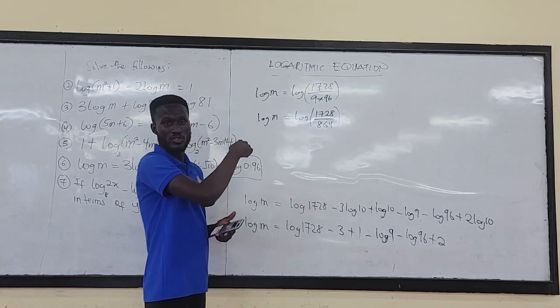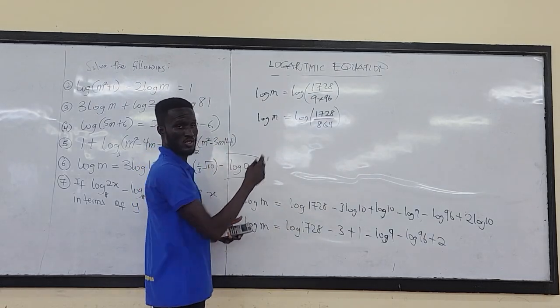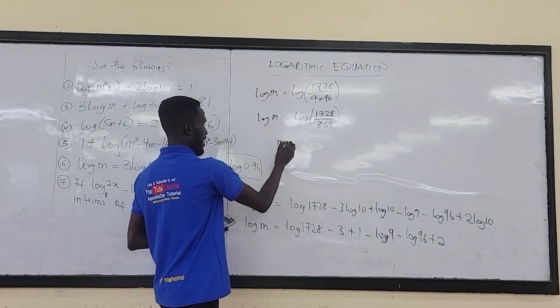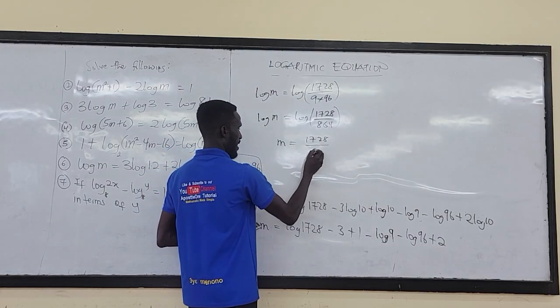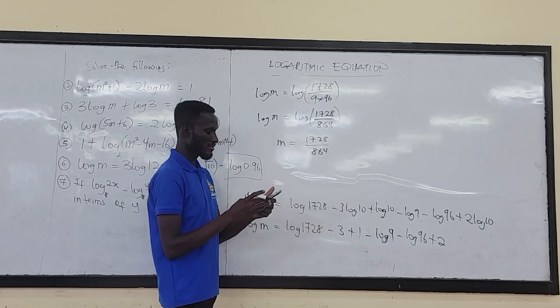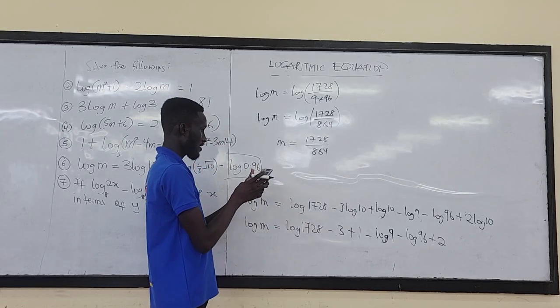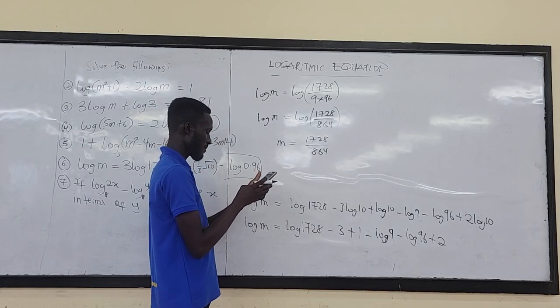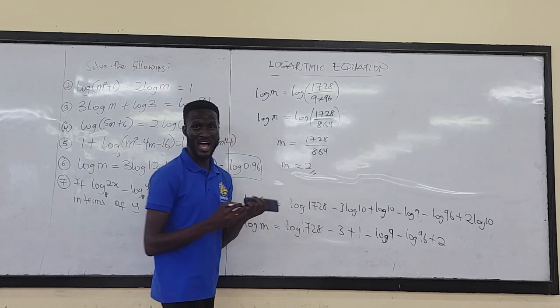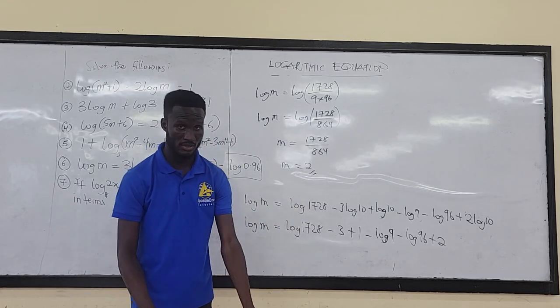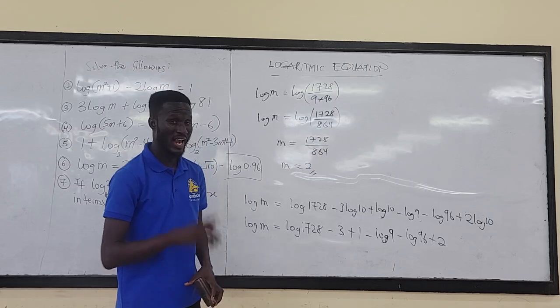Now we can even remove the logs from here. Now let's remove the log. We have m is equal to 1728 divided by 864. Now let's divide this one. We are going to get m is equal to 2. So we have so many ways we can solve this particular question. It is very simple. Now let's move on to the last question.